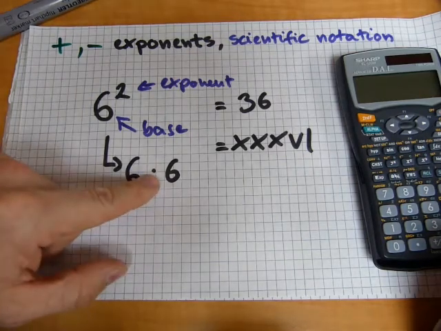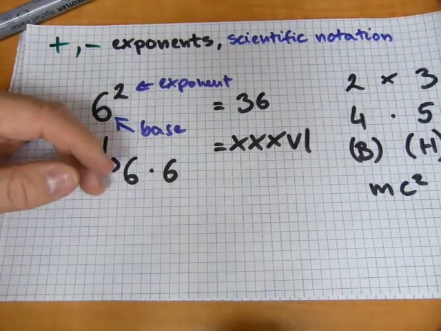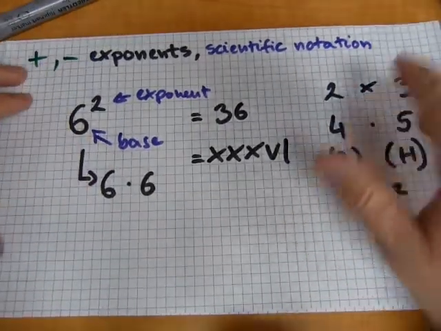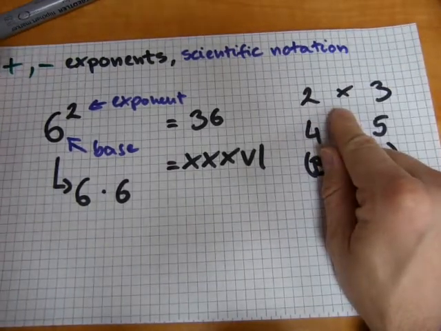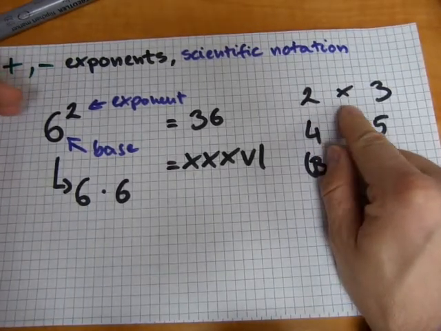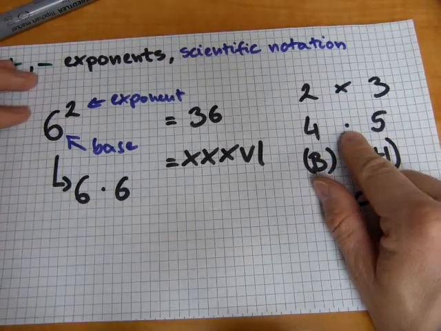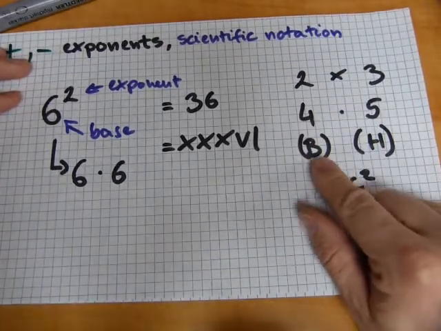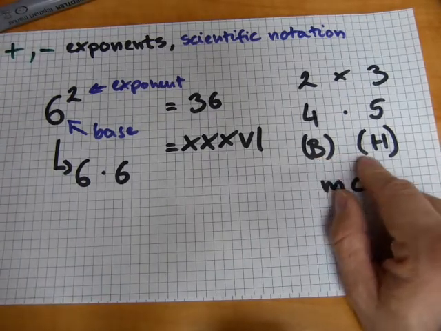Now that center dot is one way to write multiplication, and on the sidebar here I've got some other ways to write multiplication. Just any random numbers. You have an x to write multiplication with, 2 times 3 or 2 by 3. A center dot, 4 times 5. You can have brackets for multiplication, just like base times height.